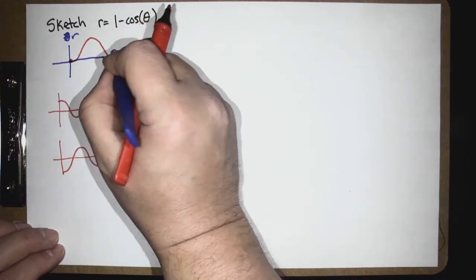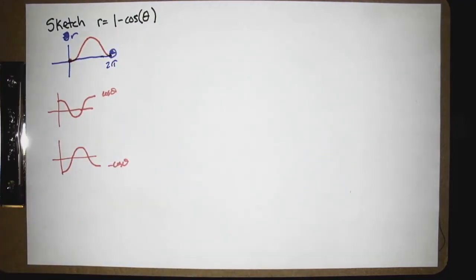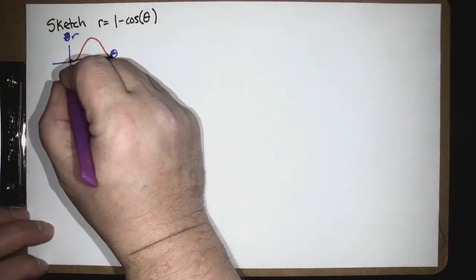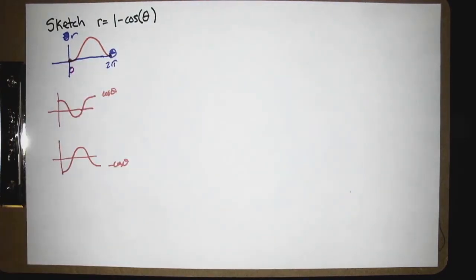So here's 2 pi. So what are some interesting points? If we go into our mantra, zeros, maxes, mins, what are interesting points? Only zeros at 0, every 2 pi. Right. And it's 2 pi periodic, it repeats, so we only need to go 1 revolution around here. Where am I maximal? Where am I farthest away?